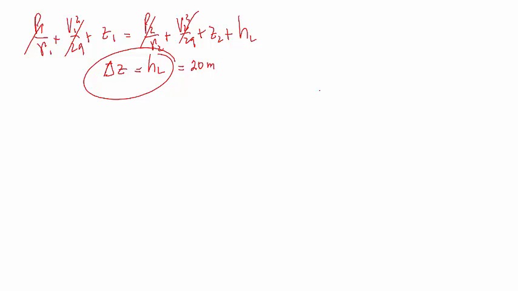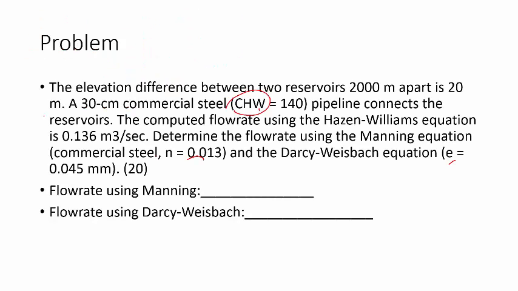So when I look at Manning, this is a 30 centimeter commercial steel, and 140 for Hazen-Williams, and for Manning, commercial steel n equals 0.013.